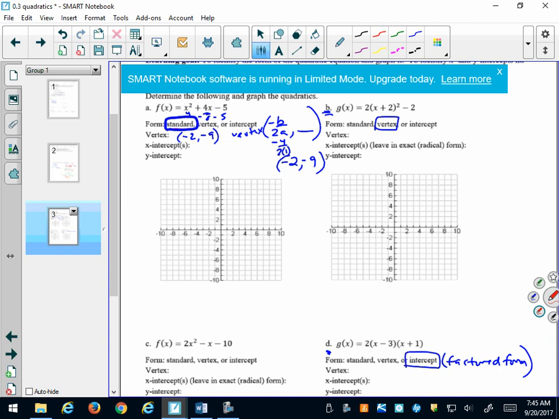But if it can be factored, it's kind of nice to put it in factored form because it gives you more information. I got x and 5, and 1, so positive 5 and negative 1, and that's my factored form. So that gives me the intercepts. What are my intercepts going to be?